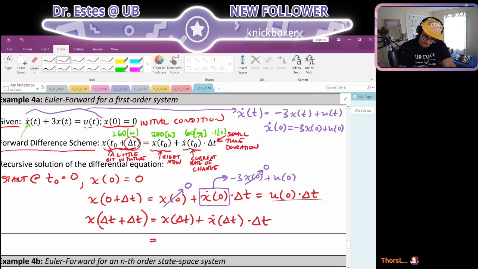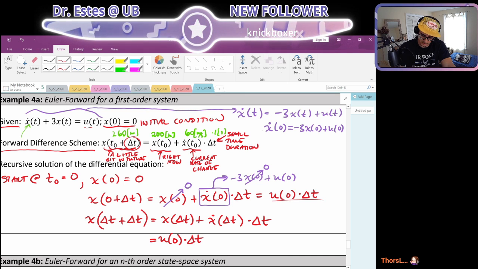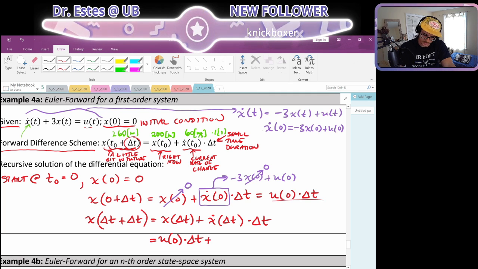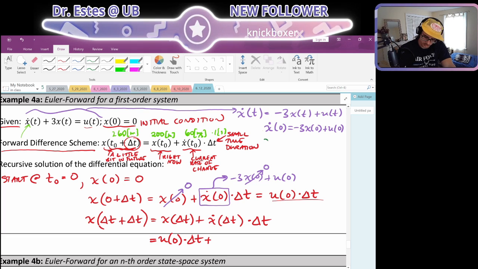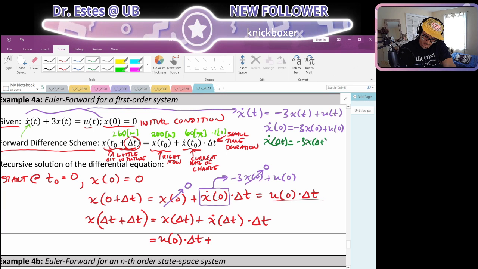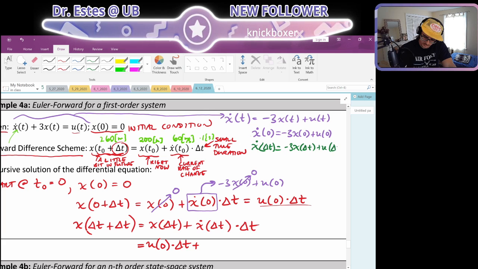So x at delta t, which we got from our previous time step, was u naught times delta t. And then x dot at delta t, if I go back up here, would be minus 3x at delta t plus u at delta t.